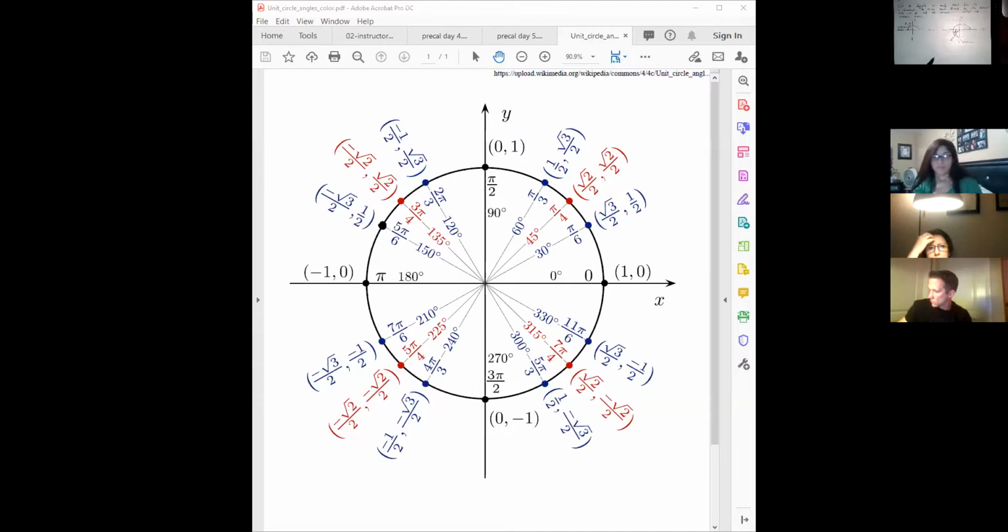So the distance from here to the x-axis, which is of course the horizontal line, is how much? What would you say that is? Or how far is it from here to here? 30 degrees. Yeah, so the reference angle for 150 degrees is 30 degrees.